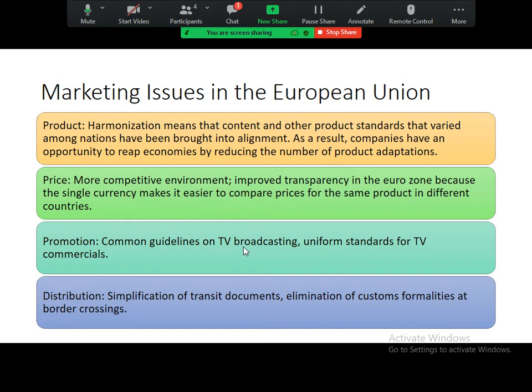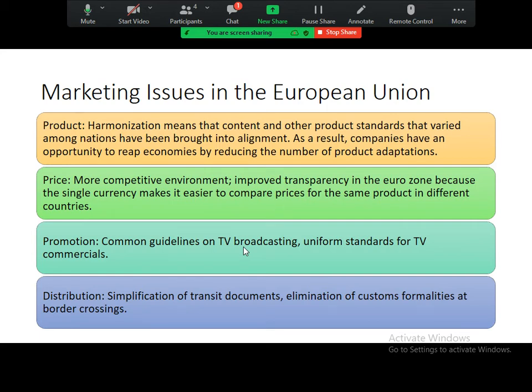The next is promotion: common guidelines on television broadcasting and uniform standards for television commercials. And as place or distribution, the simplification of transit documents and elimination of customs formalities at border crossings.